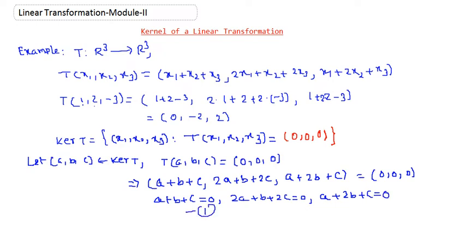So we have three equations: 1, 2, and 3. We will solve the first two equations, and after that, if we get the values of A, B, C, we put them into the third equation.